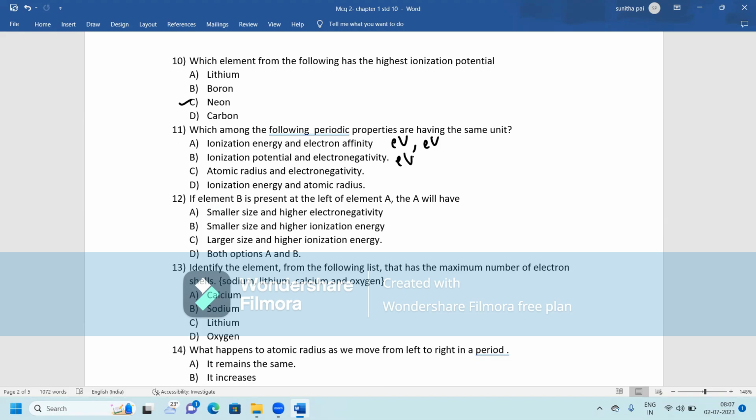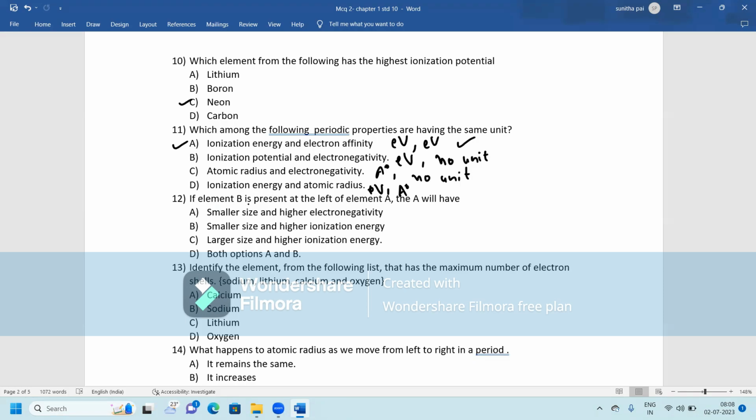Ionization potential EV, electronegativity has no unit. Atomic radius is Angstrom unit. Electronegativity has no unit. Ionization energy EV and atomic radius Angstrom. So the answer is the first one, that is A, ionization energy and electron affinity.